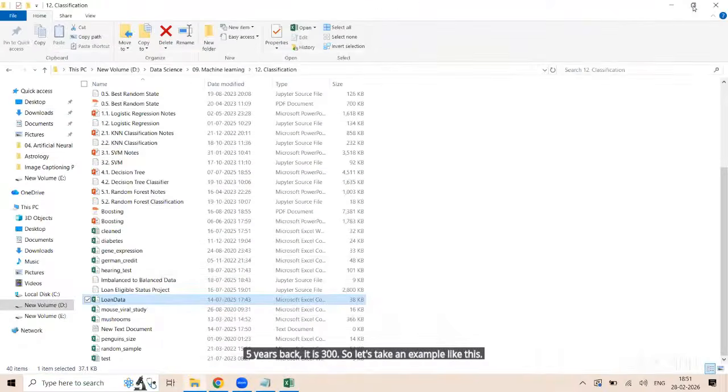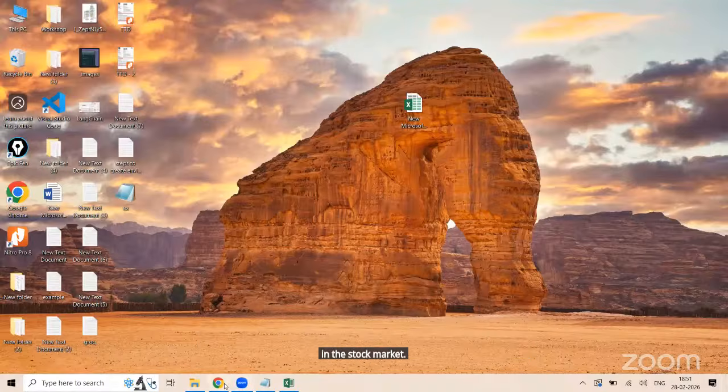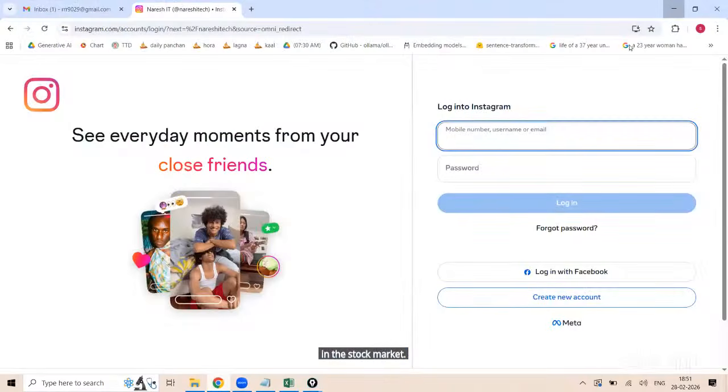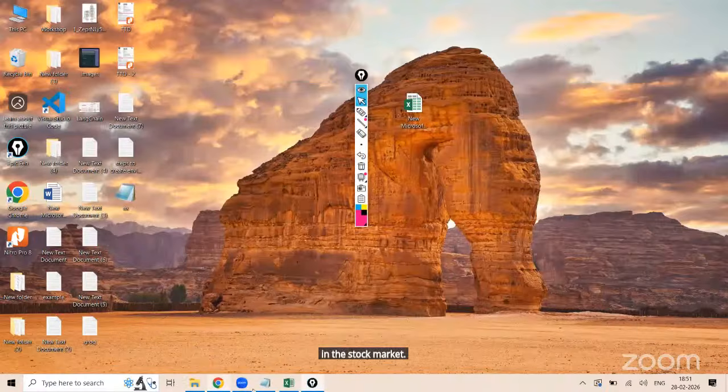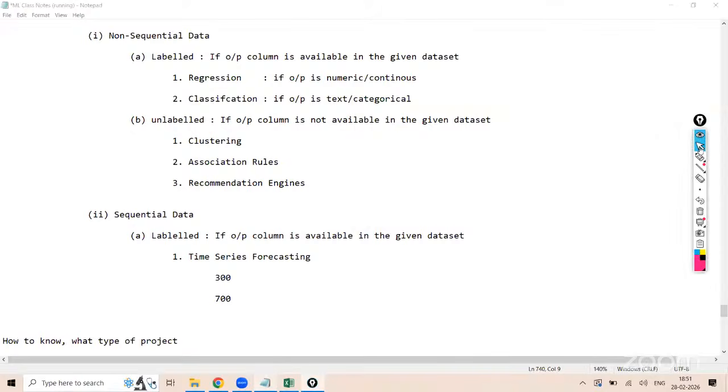We are having some data in the stock market, where we have the price or value of the share.